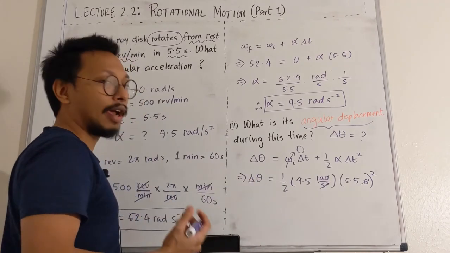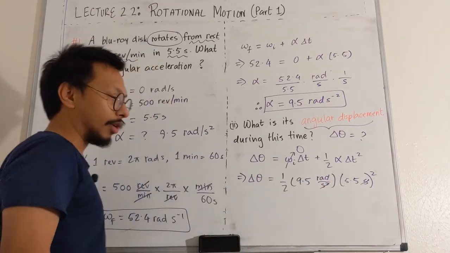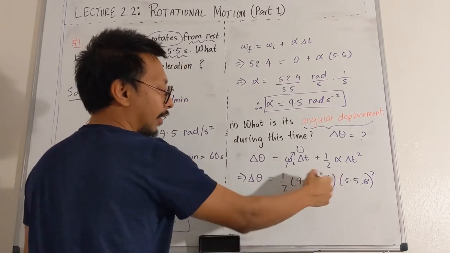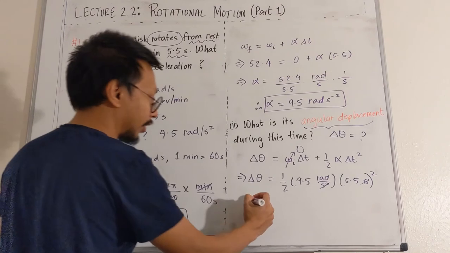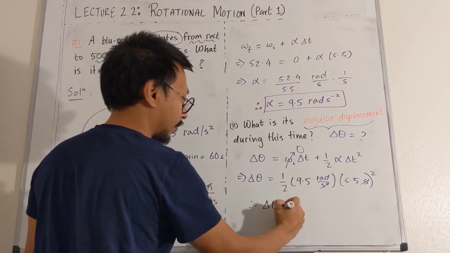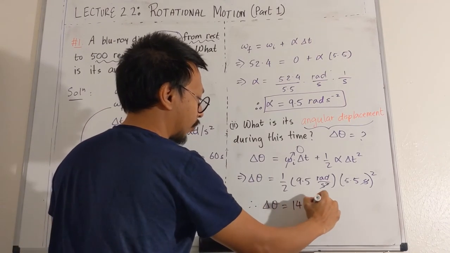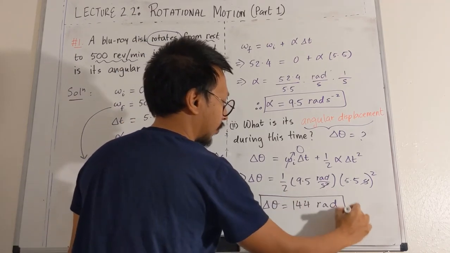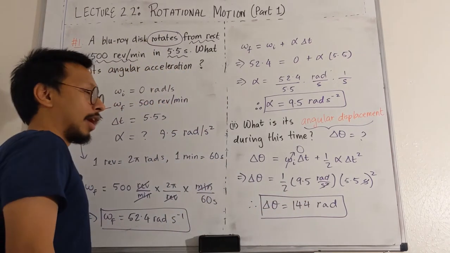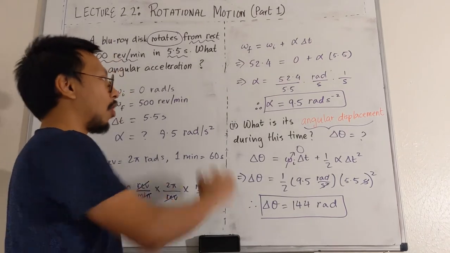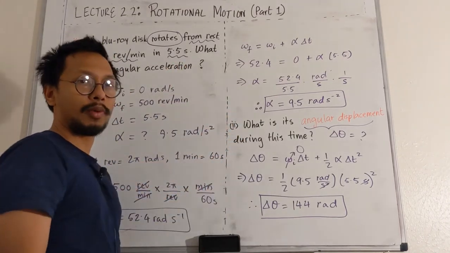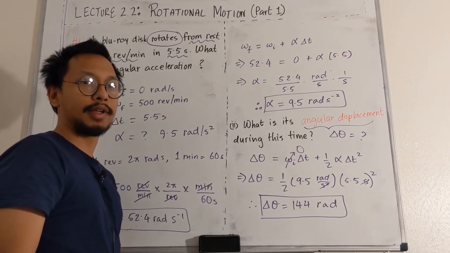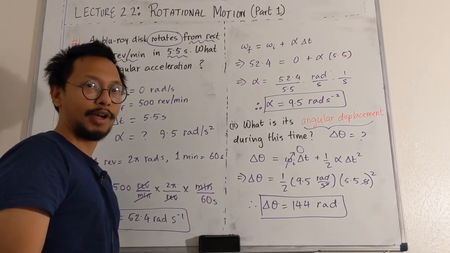Remember, radians is not really a unit, so the seconds go away. So we end up with an angular displacement of 144 radians. And a side note: when you're working on rotational motion problems, remember to switch your calculator mode to radians and not degrees.